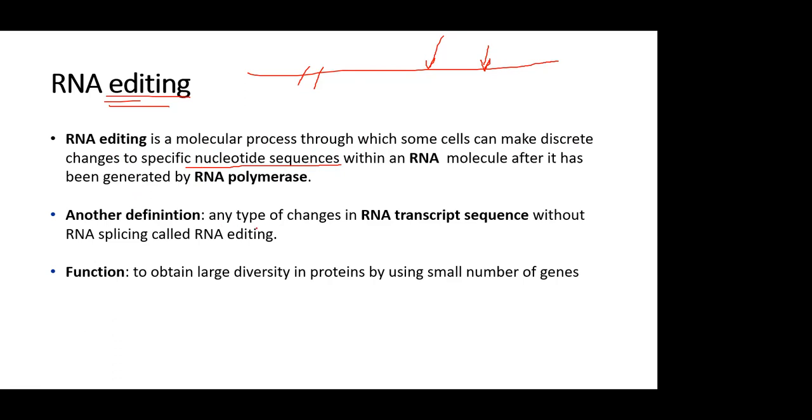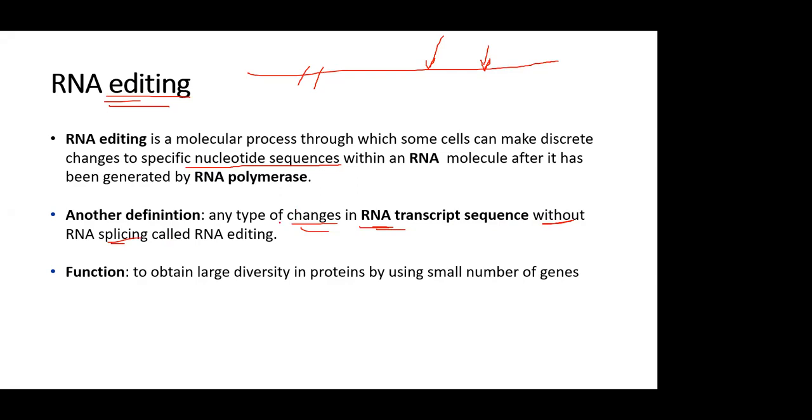Another definition says that these are changes to the RNA transcript sequence after you already transcribed the DNA, without splicing. Splicing we already talked about, so any change other than the splicing, we call editing.